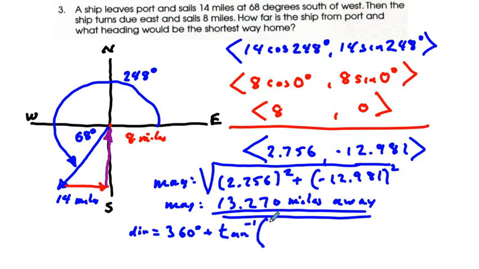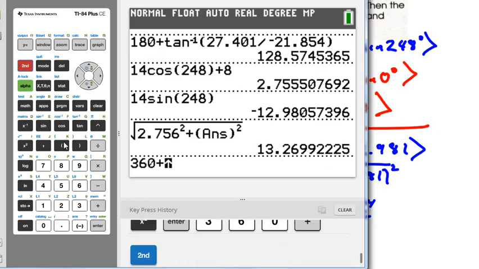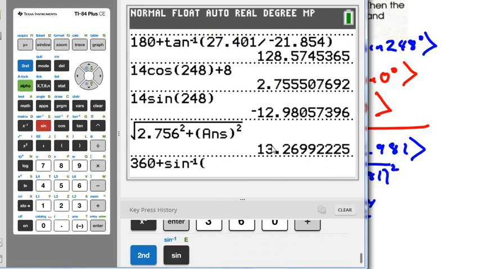of y over x. We have negative 12.981 over 2.756. So we'll get what that is here shortly. So we have 360 plus inverse tangent of sine over cos.